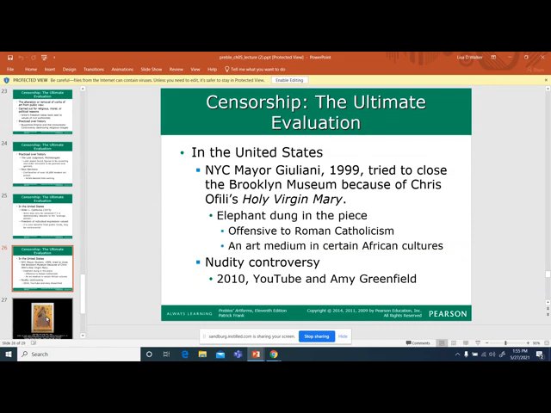In 1999, U.S. Mayor Giuliani of New York tried to close the Brooklyn Museum because of a piece called The Holy Virgin Mary by Chris Ofili. One of the media used in this painting, along with others, is elephant dung.